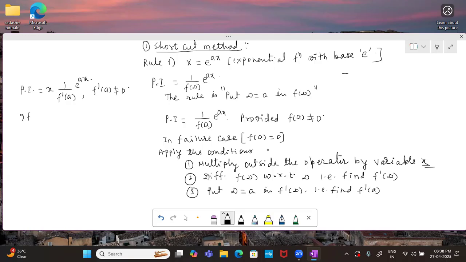If f dash a is equal to 0, again that is a failure case. Repeat the above conditions till the PI is finite.